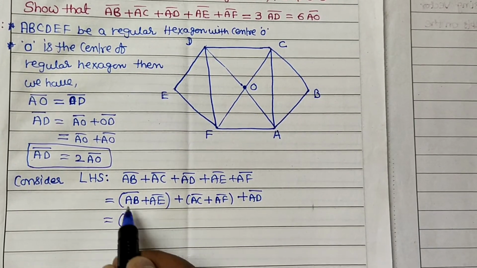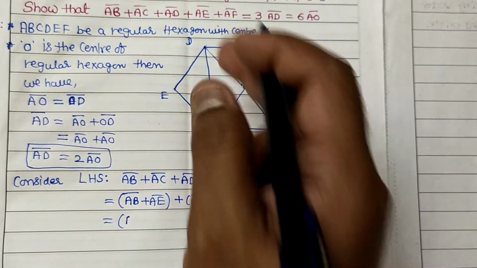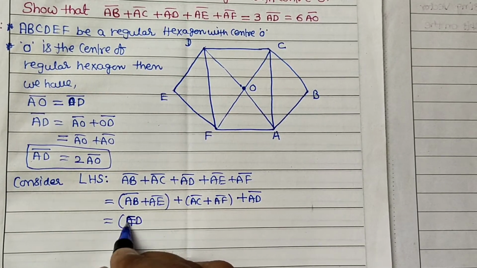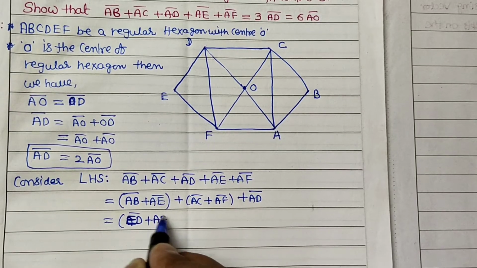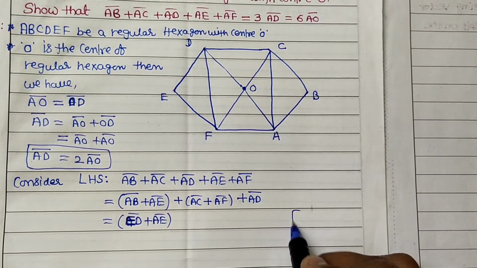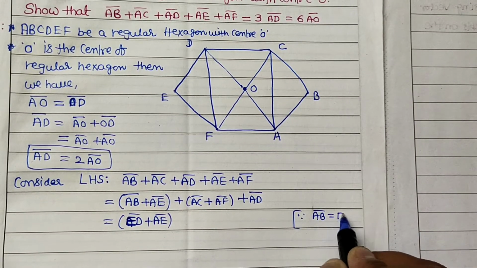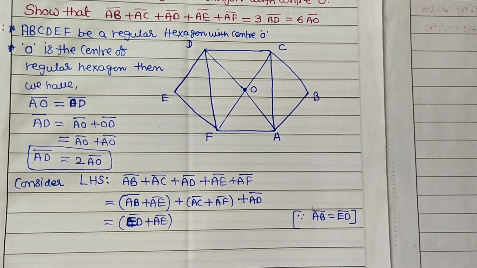Wherever AB is there, you have to write AB is equal to ED, plus AE. Since AB is equal to ED, we already discussed that in the regular hexagon all sides are equal.